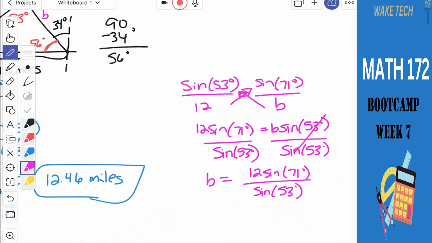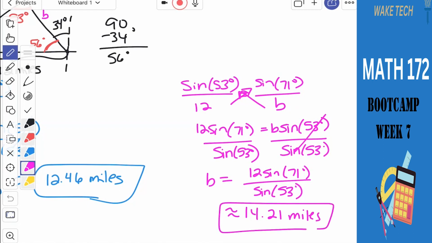So let's see, 12 sine 71 divided by sine 53, 14.21 miles. And, like I said, that is a fair bit bigger. That's a really generic way for me to describe it, but it shouldn't be really, really close. I don't have any concept of how much bigger it should be.